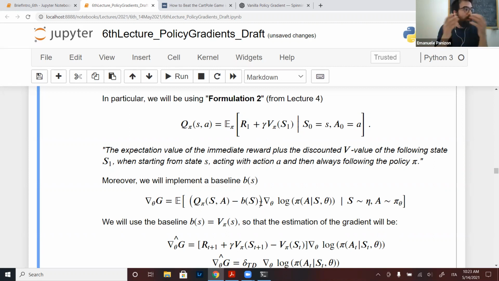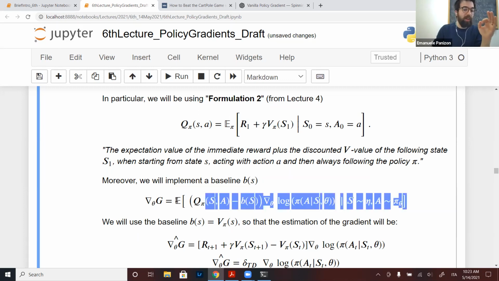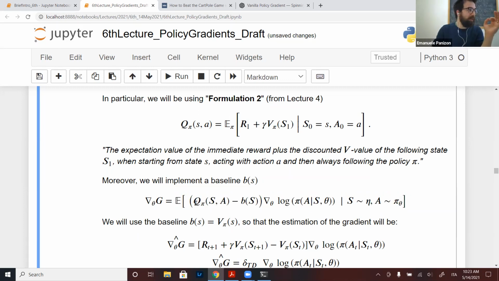So the sum of all the variations of the probability has to be 0. So any term which is a function of a state and not of the action, combined with the derivative of the log, actually gives 0 in the expected sense.